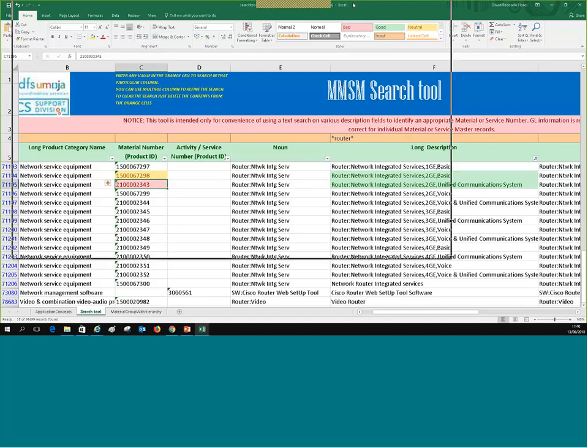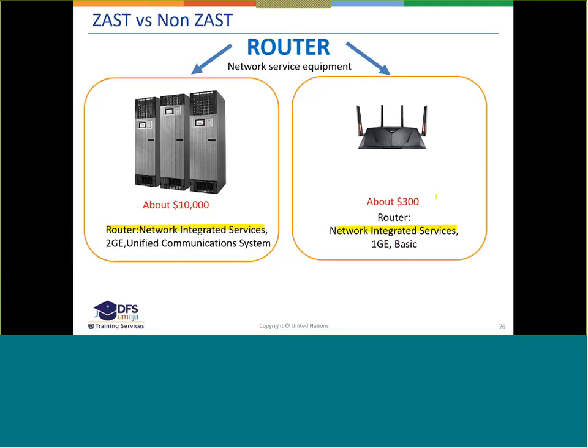So coming to the presentation again. If they are acquiring the router that is $300, but they select the product ID starting with 21, you will have a fixed asset.